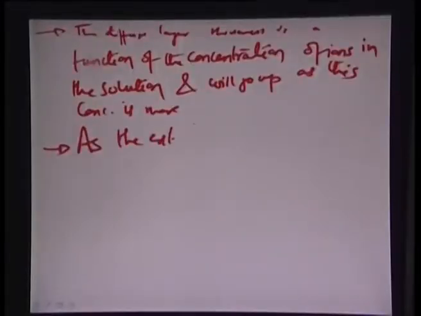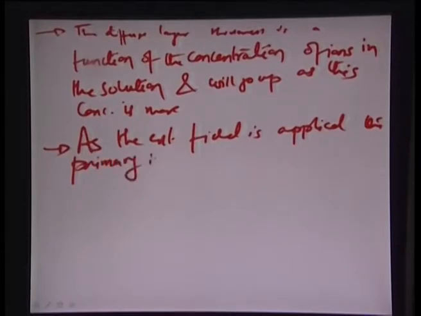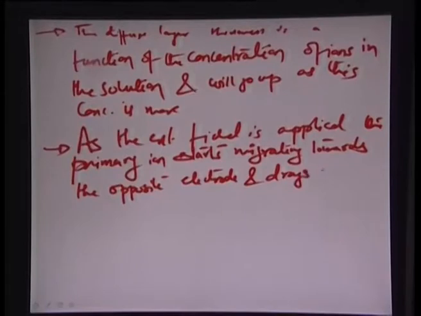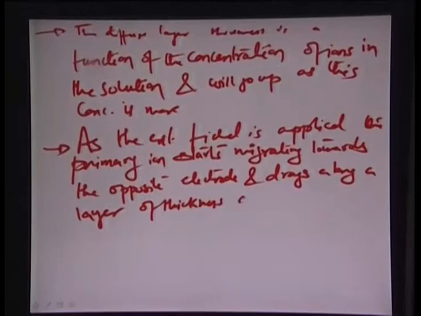So as the external field is applied, the primary ion starts migrating towards the opposite electrode and drags along a layer of thickness d.